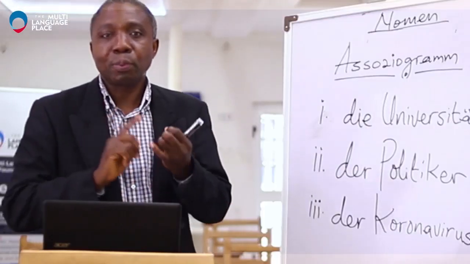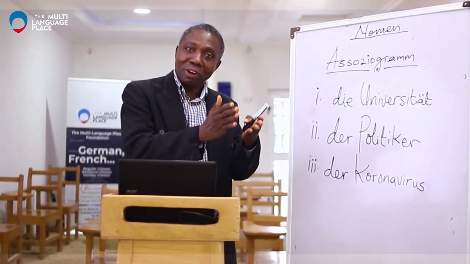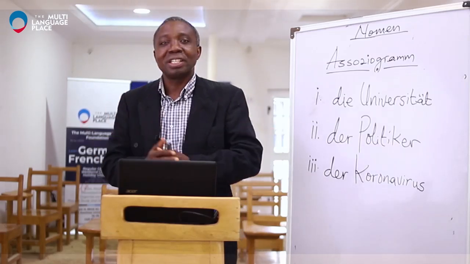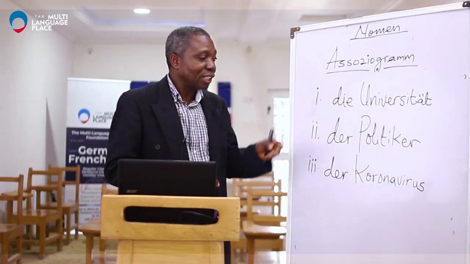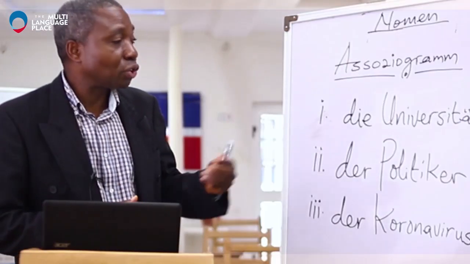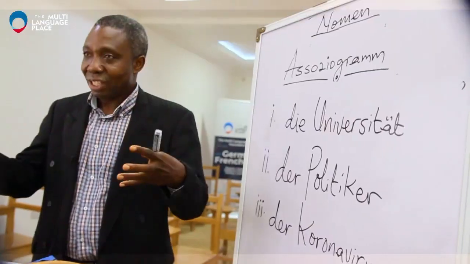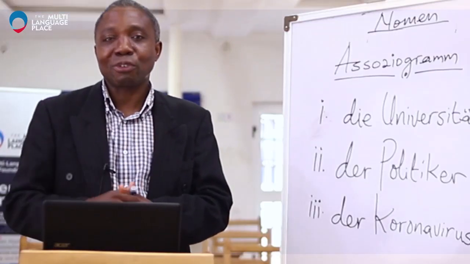Don't forget, put the article, and that will help us to know if you have put the masculine or the feminine or the neutral, and do 5, 5, 5. That means you need a minimum of 15 new German words. I want you to use that method to expand your vocabulary, especially in the area of nouns.